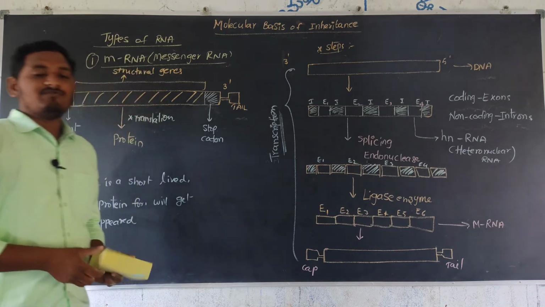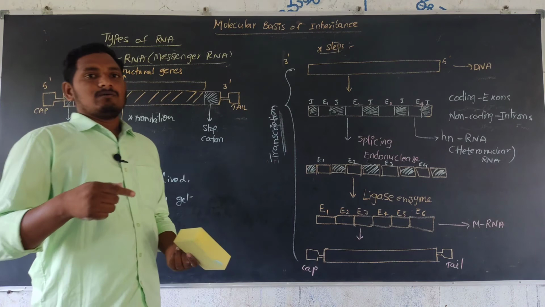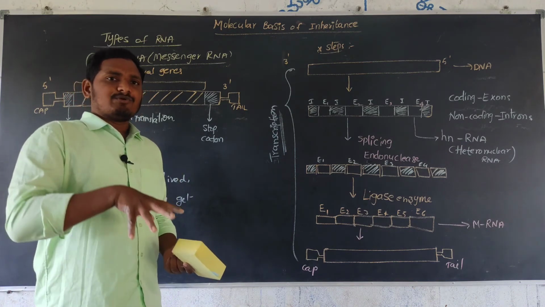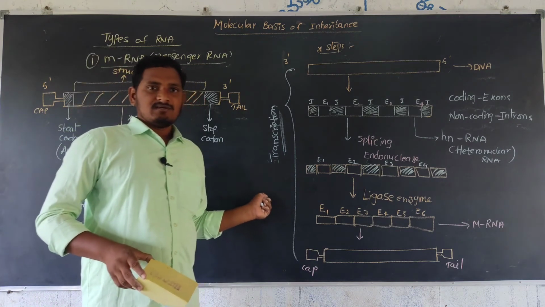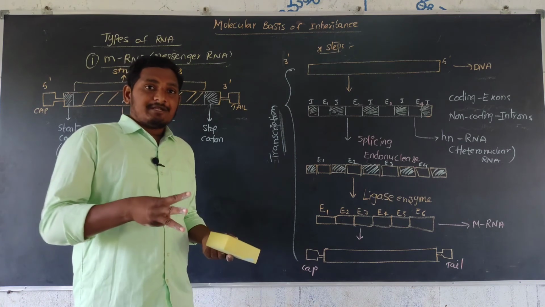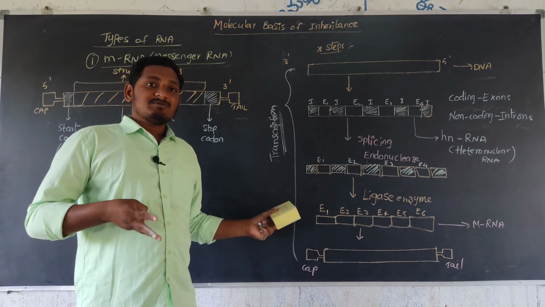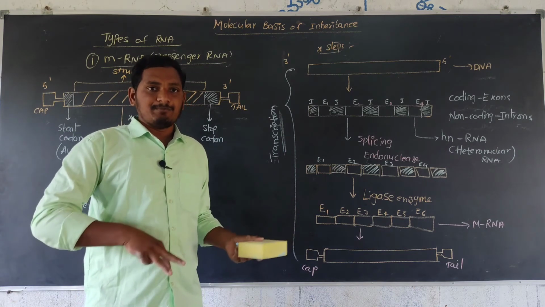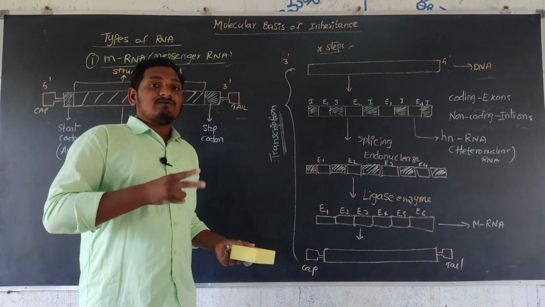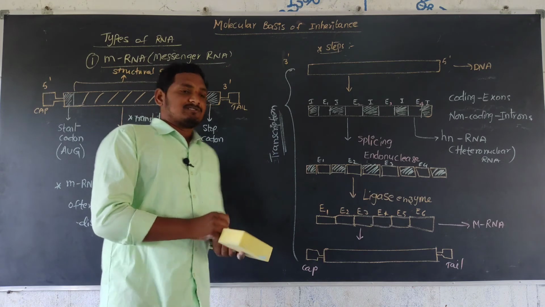Suppose we want one particular protein, and we need 100 copies of that same protein. Only one round of transcription is not enough. We need transcription to happen 100 times. The mRNA translates the information 100 times to form 100 proteins.